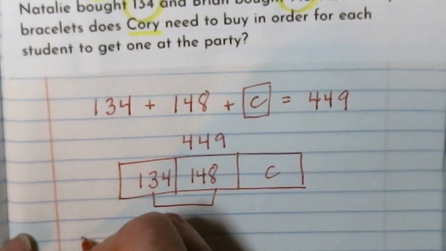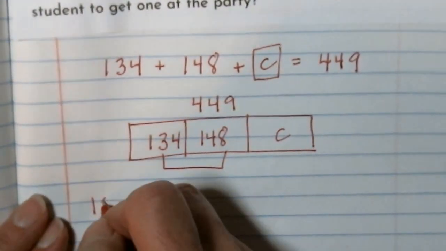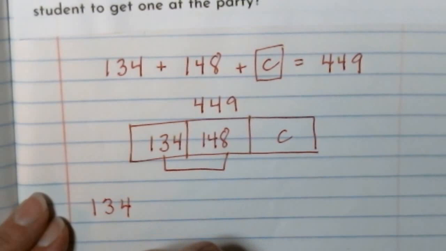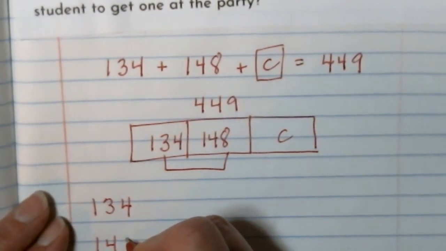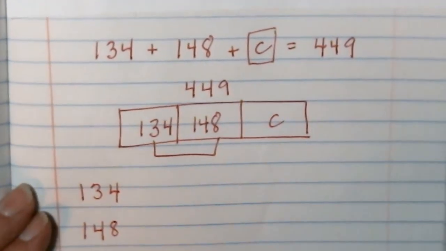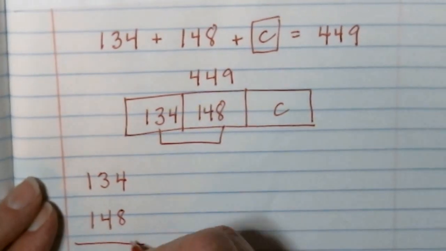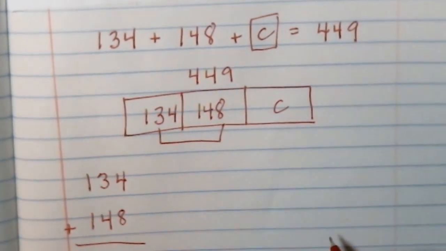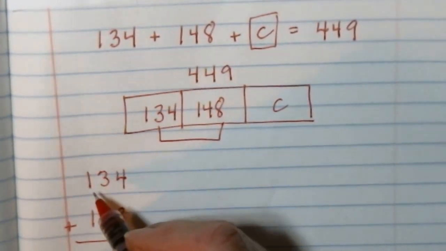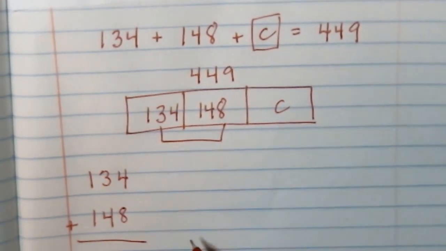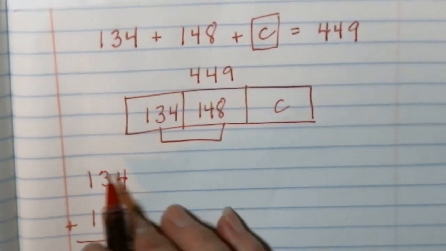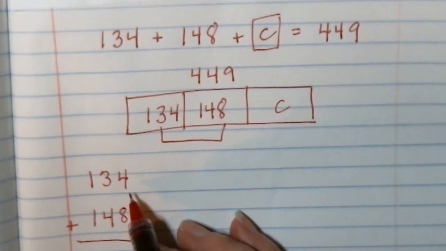So I'm going to add those together using the way that you most likely use in 4th grade to begin the year, the place value way. So I'm just setting up the problem, and again, the place value way, or sometimes they say breaking it down, we break down each part of the number.